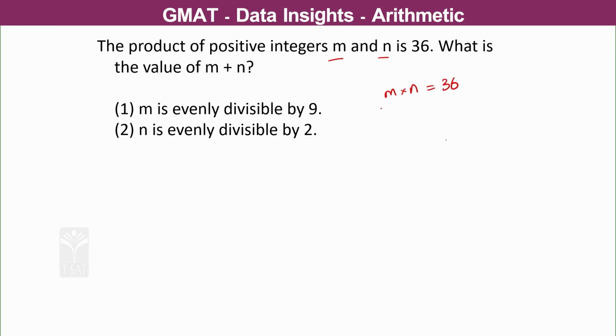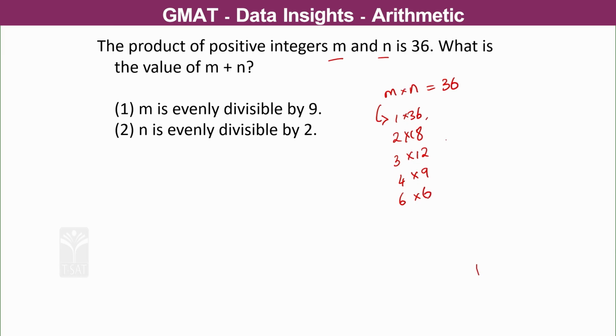Let's see, when these are integers, what options we have for m and n. 1 into 36 gives 36. 2 into 18 gives 36. 3 into 12 gives 36. 4 into 9 gives 36, and 6 into 6 will give you 36.